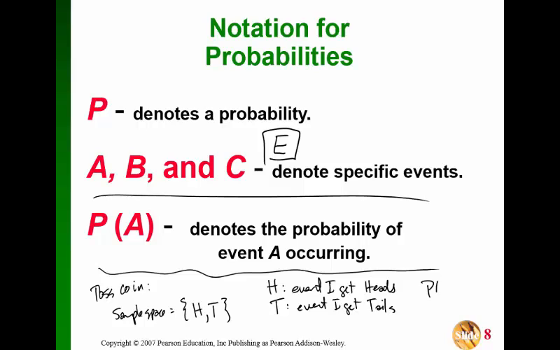And so the probability of getting a heads will be denoted by P of H. And you guys know what this is, right? That's the probability of getting a heads. It's a half. We'll see why, because there's one simple event that gives you a heads, and there's two events in the sample space. So that's 1 divided by 2. And we'll get to that when we formally define our probability.